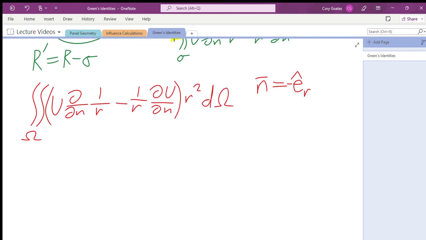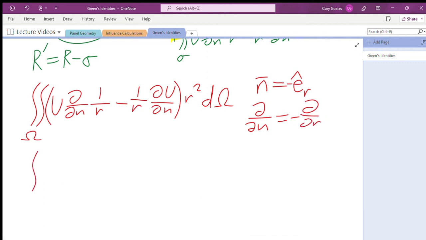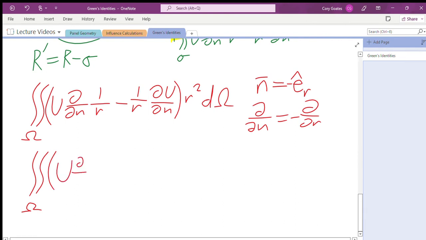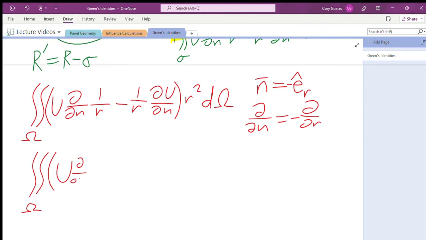And so any derivative that we want to take with respect to n, we can change into a derivative with respect to r just by taking the negative of it. Okay? So we can take this term here and rewrite it as the double integral over omega of u partial... gee, I forgot a sign there.